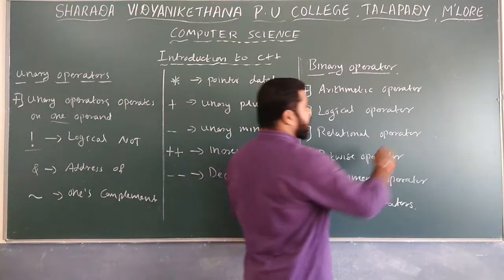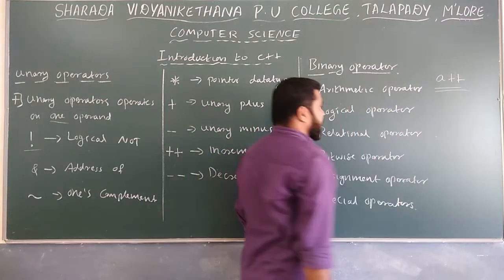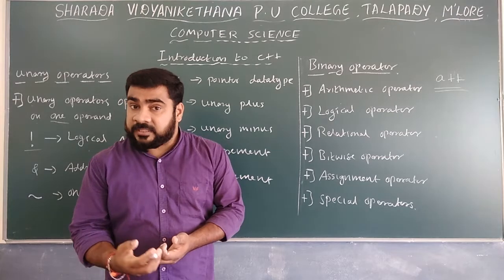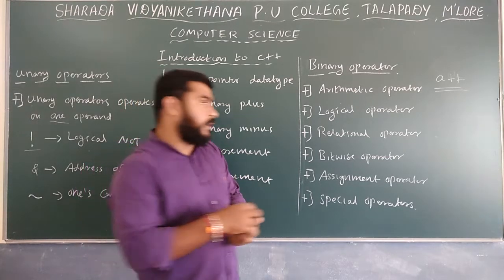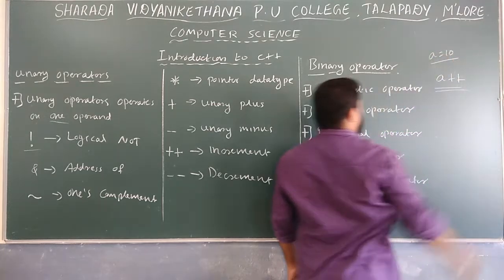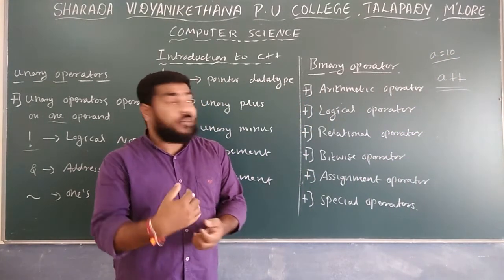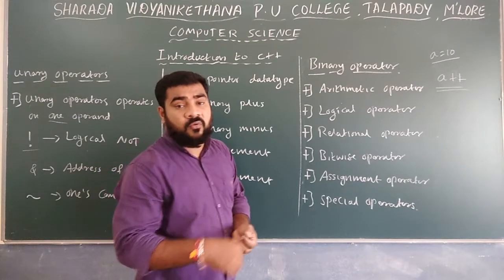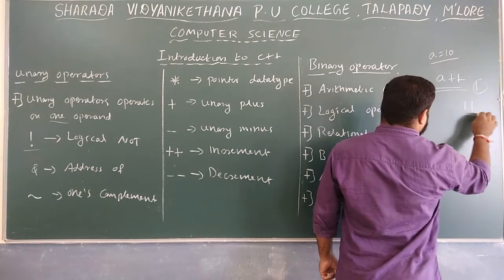Normally you can use A plus plus. If the value of A is 10, for example, A is equal to 10, and we use A plus plus, then the value is incremented by 1, so it will be 11.